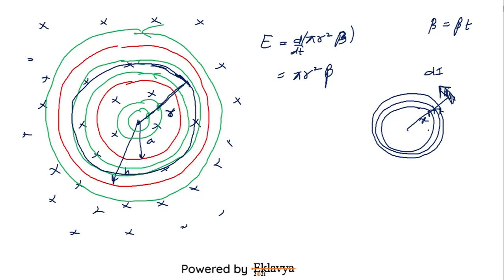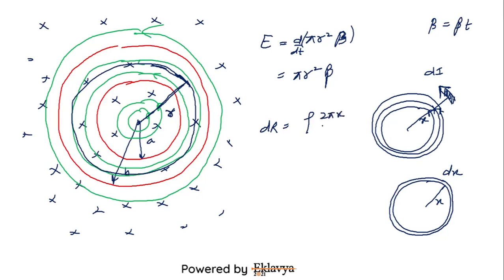The resistance of this element will be resistivity into the length. Length is considered along the direction of current flow, so that will become 2 pi x upon area of cross section. Area of cross section will be the height into dx. The current flowing through this element will be given by EMF divided by dR.